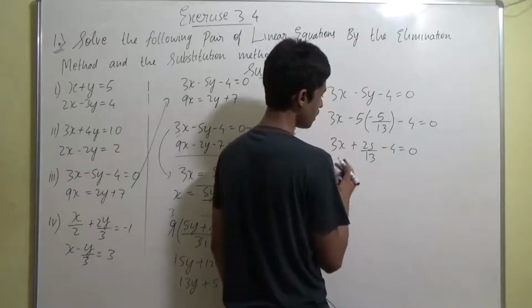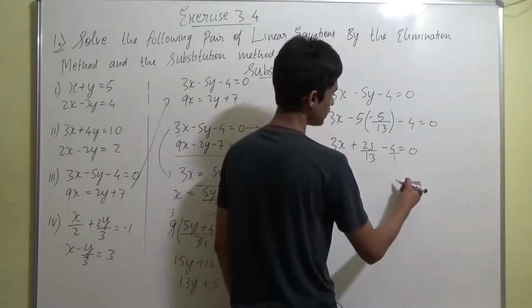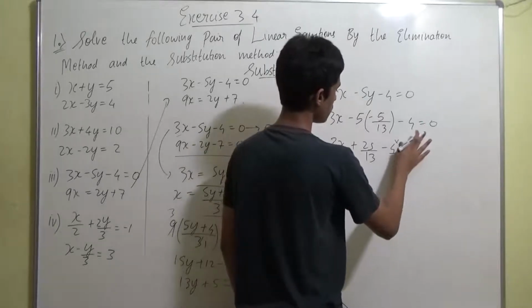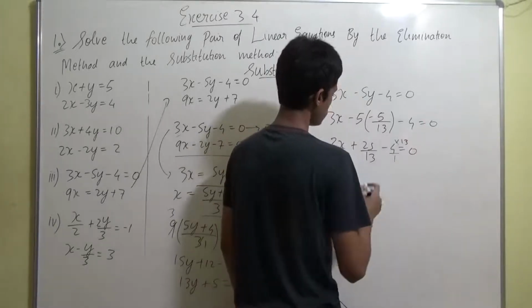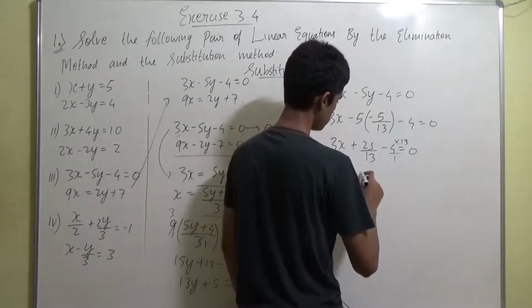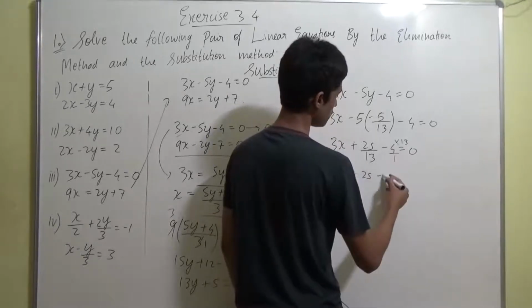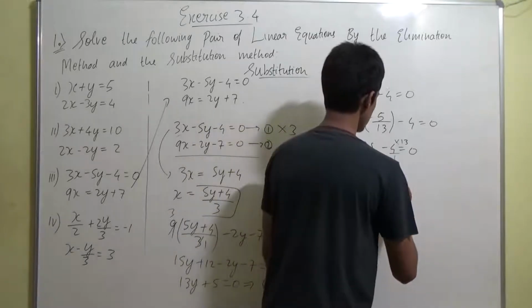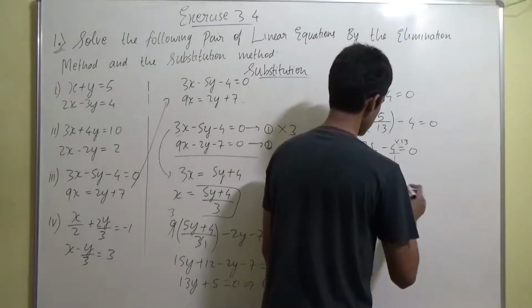From this we are going to get the value of x. First let's take the LCM here. We are going to multiply the 4 with 13. So 3x plus 25 minus 13 into 4, which is 52, by 13 equal to 0.